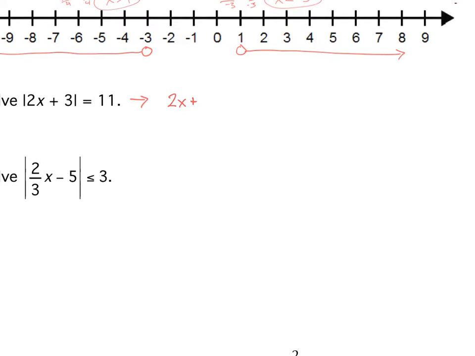It's unchanged, so it should be 2x plus 3, just like it was in both of the equations that we're writing. It's the right side of the equation that becomes different between the two. One of them gets the 11, just like it was in the original. So one of your equations looks just like the original, except without the absolute value symbol. On the other equation, instead of a positive 11, you're going to turn the right side into a -11. Again, what's inside the absolute value sign does not change.